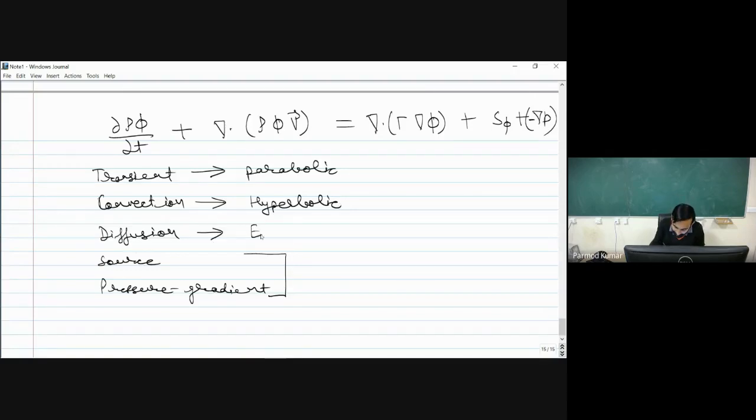Apart from that, we have also seen that for supersonic flows, Mach number is greater than 1, and for all types of supersonic flow, whether steady, transient, or inviscid, the nature of the equation is always hyperbolic.